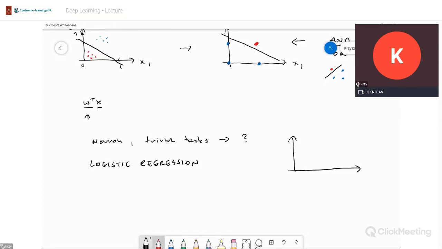So in logistic regression, I introduced during our previous lecture a problem that is not linearly separable. And I named this problem the XOR problem.